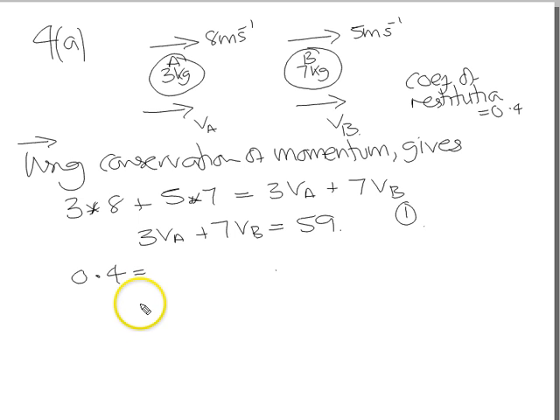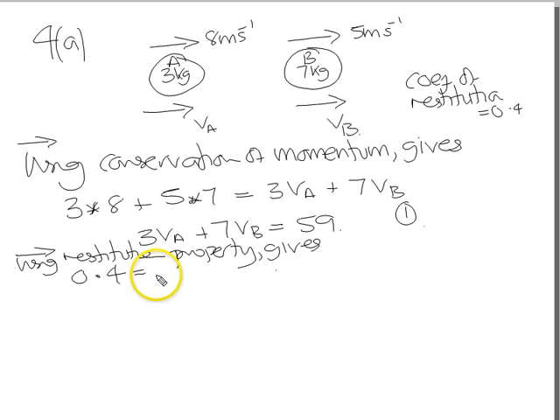Now, using our coefficient of restitution, the 0.4 is the value of the speed after in this direction. Using the restitution property gives 0.4 equals the value after, which is VB minus VA, divided by the speed that they approach each other by, which would be 8 minus 5, which is 3.